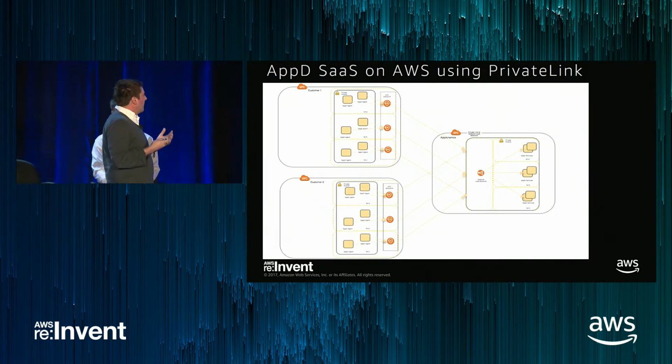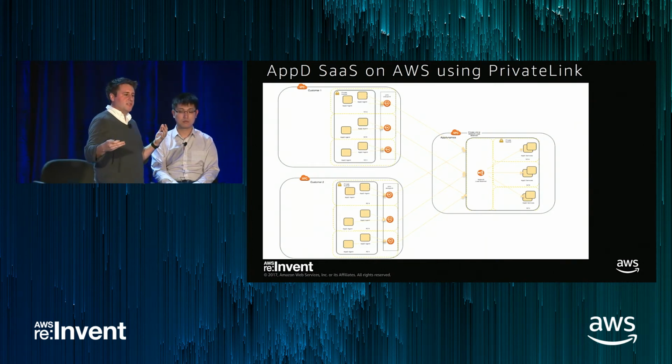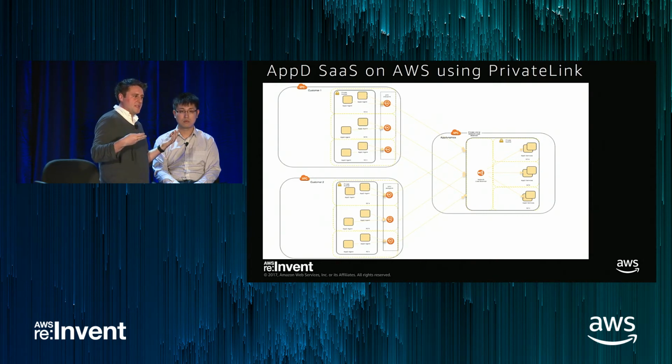So what does this look like in practice? What do I have to do from my side? I create my network load balancer, and here are my ingestion services that are connecting to my network load balancer. From that point, I create my VPC service endpoint and attach my network load balancer to that. Now it's available to use for the customers.